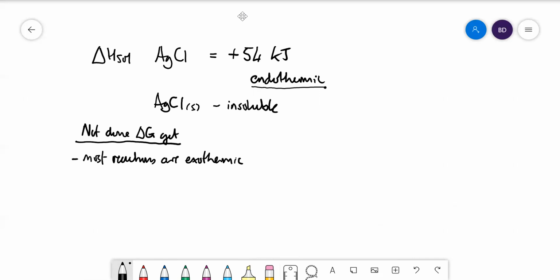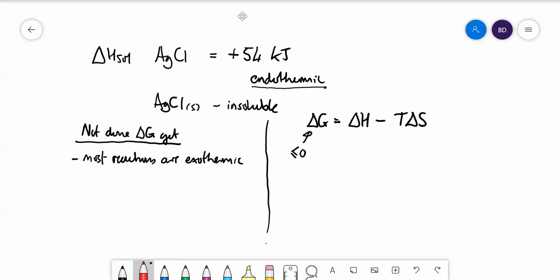If you have done delta G and you're reviewing this topic, let's just explain what's going on here. So you've got delta G is equal to delta H minus T delta S, which is the entropy, right? And we know this has got to be less than 0, hasn't it? And we know that delta H in this case is positive. Delta H tends to be a lot bigger than this.